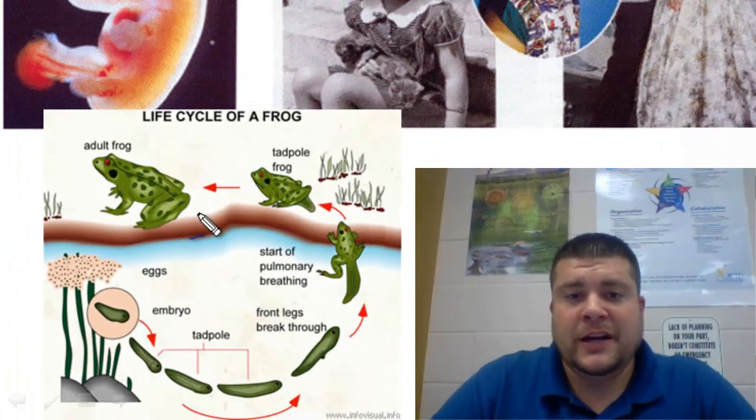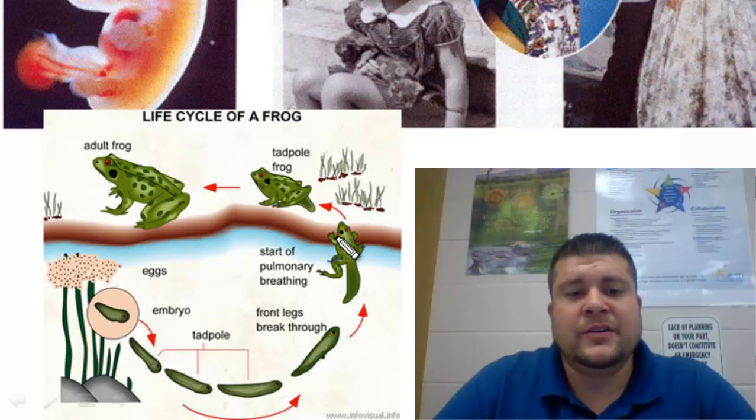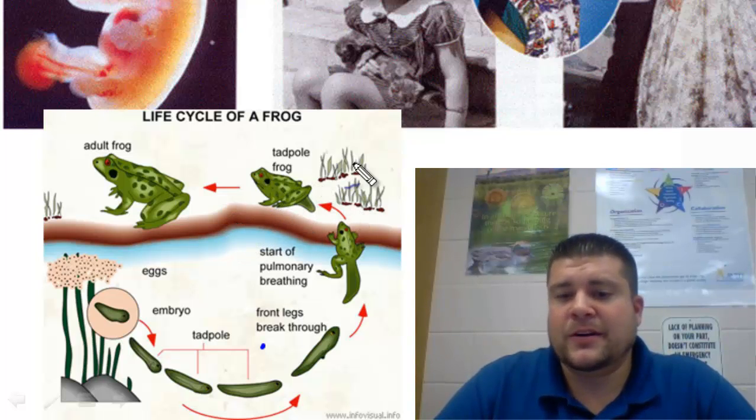The coolest life cycle, I think, is the frog's life cycle, because it starts off as an egg and then moves to a tadpole, and then eventually loses that tail and lives the rest of its life in and out of water. But at the beginning, it starts in water, has gills, and has to breathe underwater, but then loses that and lives outside the water.